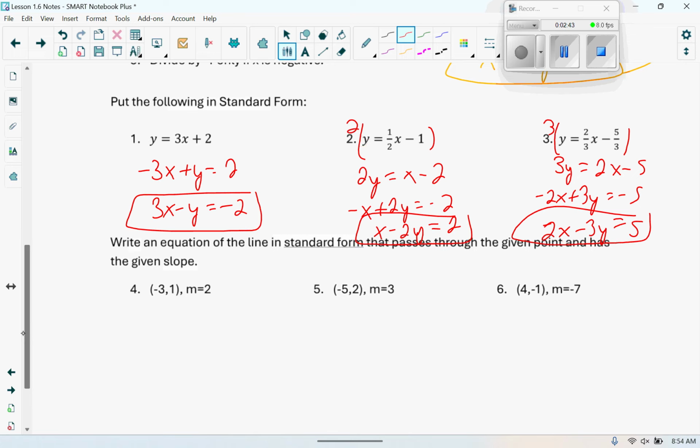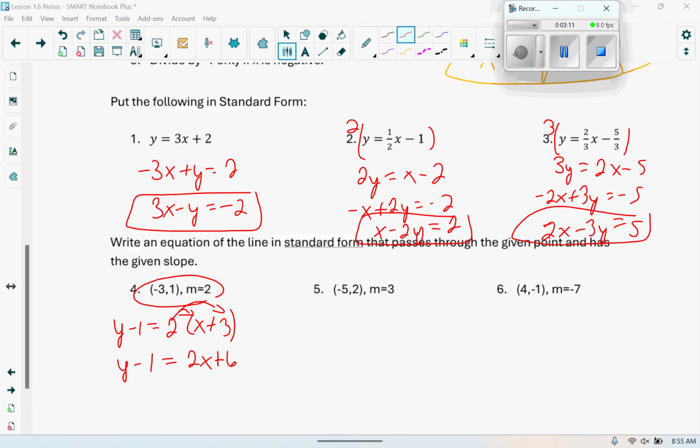Now we're just given different information. We're given a point and a slope, and I would maybe use point slope form here. So I'm going to say y minus 1 is equal to 2x plus 3. Then I would put it into slope-intercept form. So I have y minus 1 equals 2x plus 6.